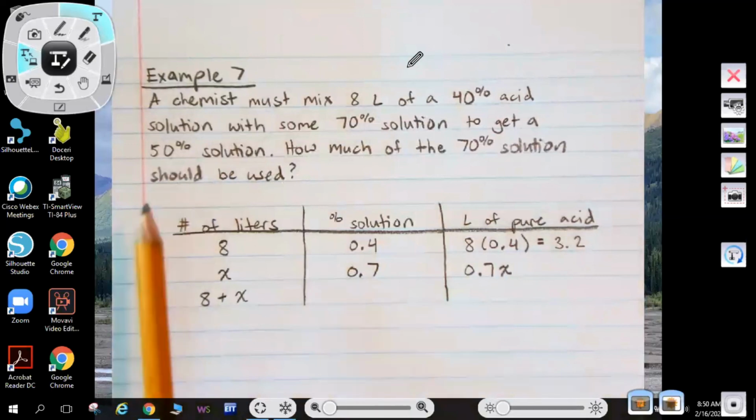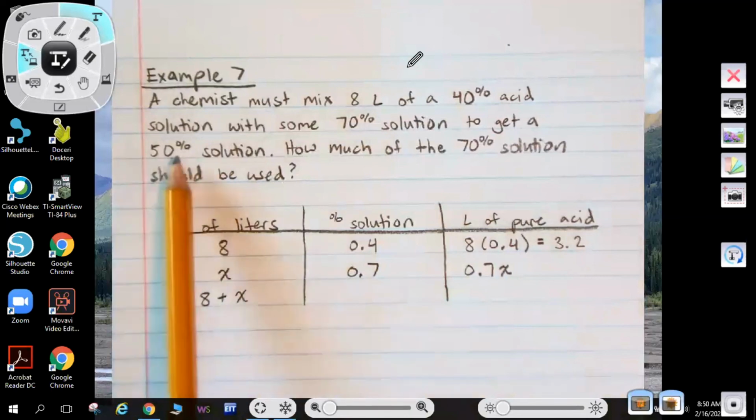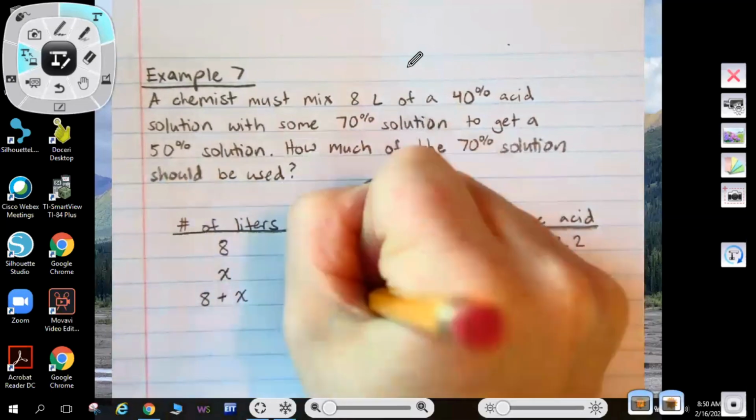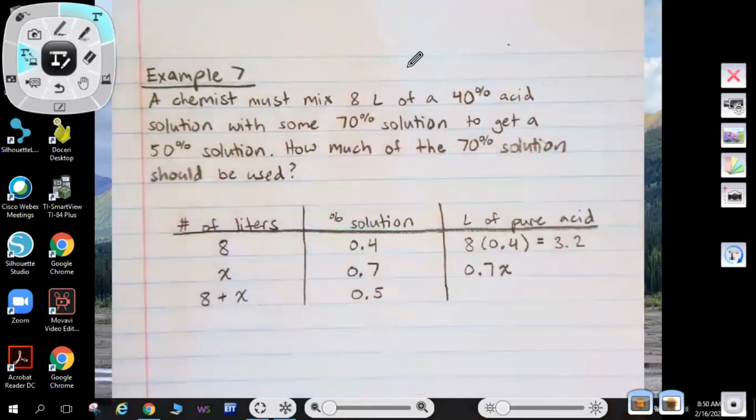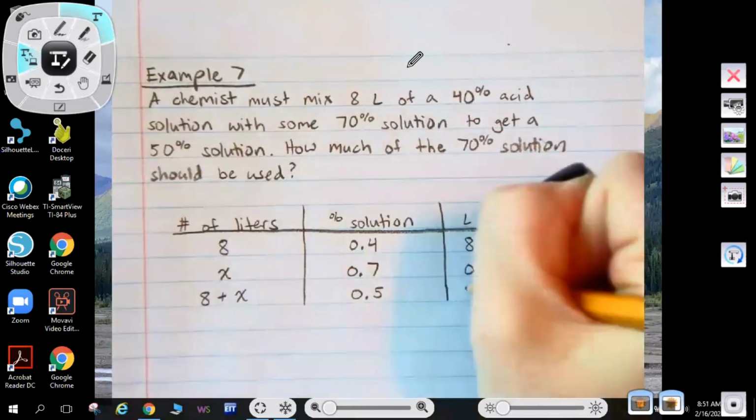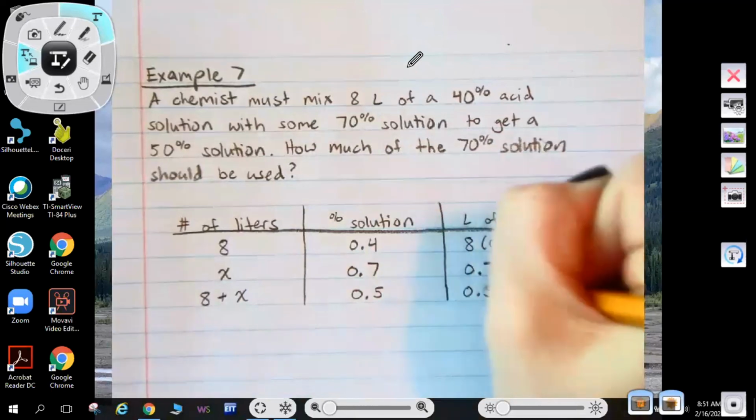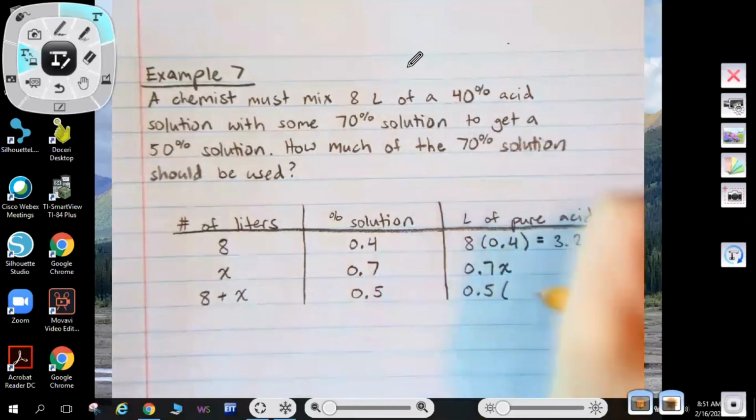It tells us that's what they're trying to do, is make a 50% solution. So the percent solution will be 0.5 for the total. So the liters of pure acid will be 0.5 times the number of liters, which is 8 plus x.